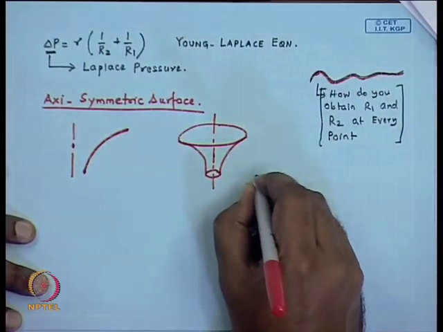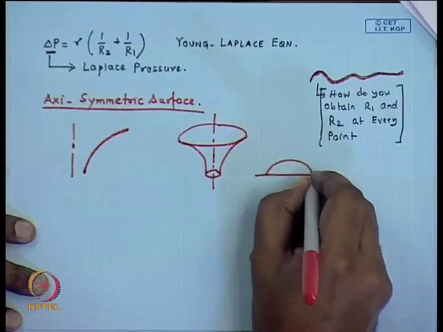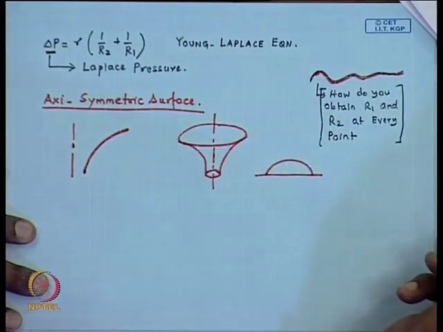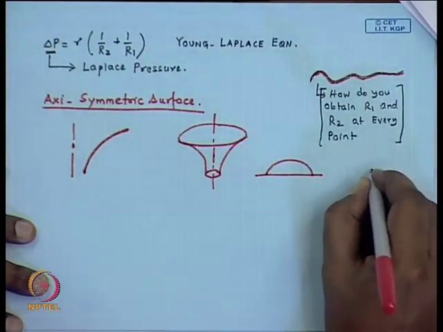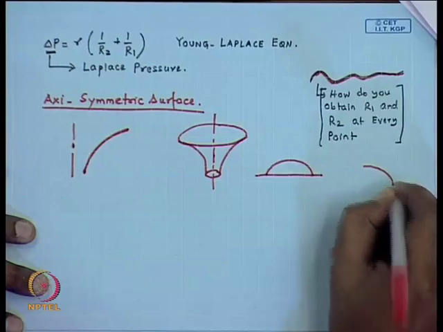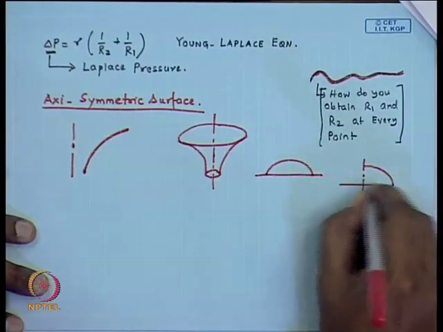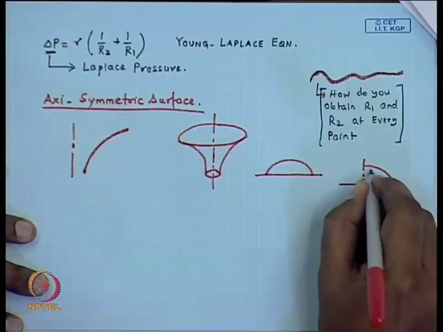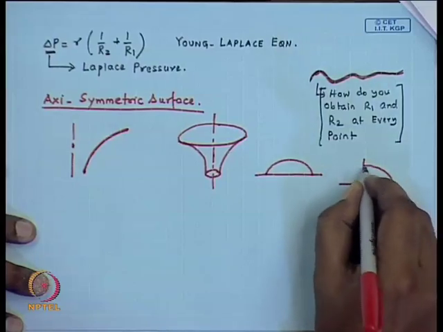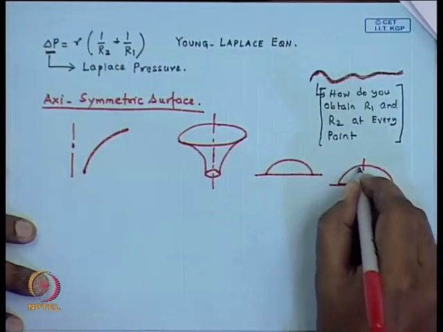Similarly, if you look at a liquid drop which is perfectly spherical, it is also an axisymmetric surface, because you can obtain that by taking a curved line like this and simply rotating it by this axis. So, you rotate it by 360 degrees and you will get this type of surface.